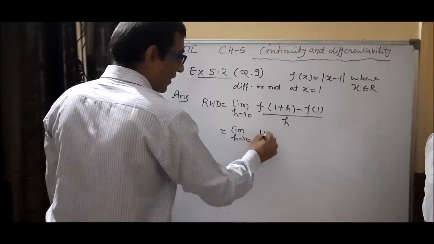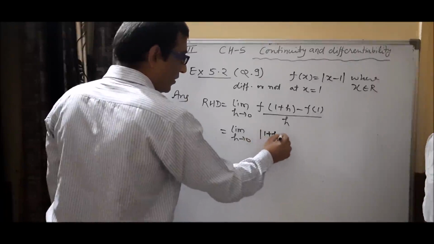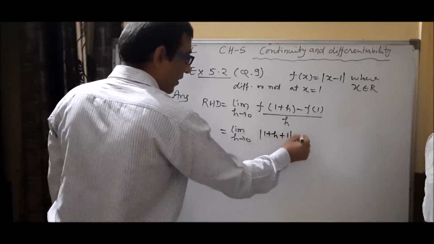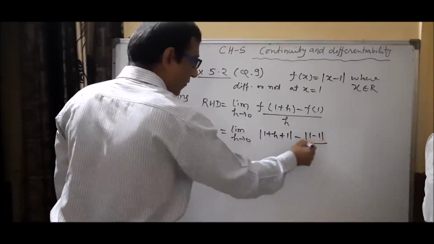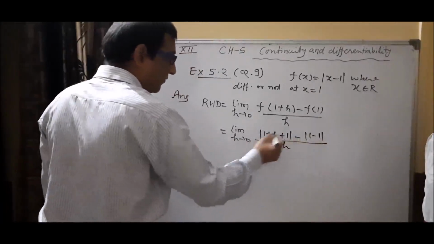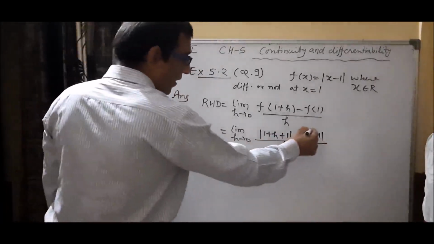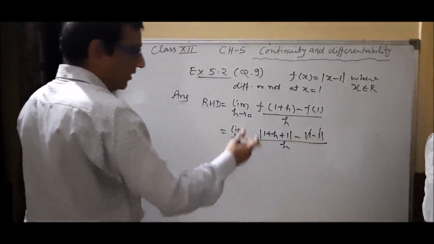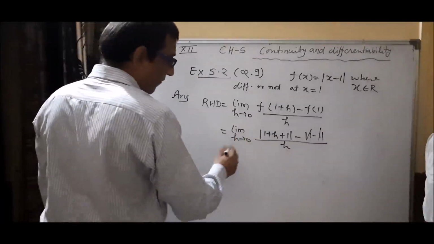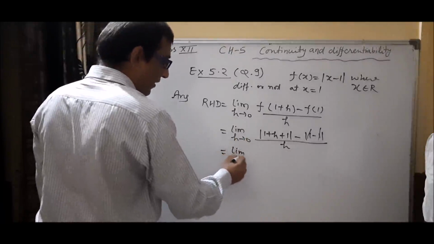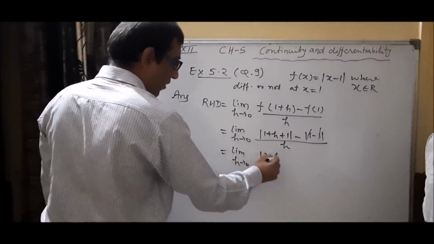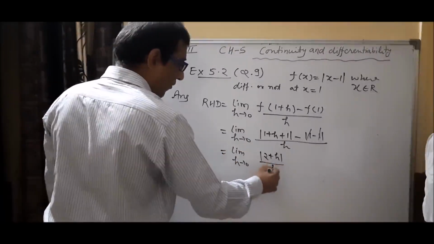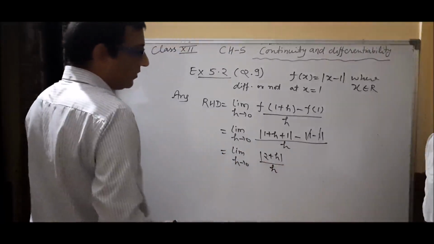It can be written as modulus of 1 plus h minus 1, and f(1) again we will solve from here, 1 minus 1, upon h. Now we will solve it. 1 and 1 cancel, both are in opposite sign, and when we calculate this, it becomes limit h approaches 0 of modulus of h upon h.